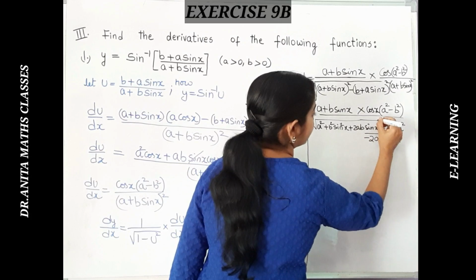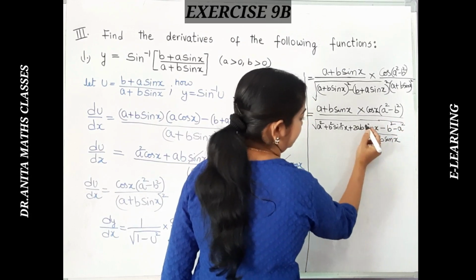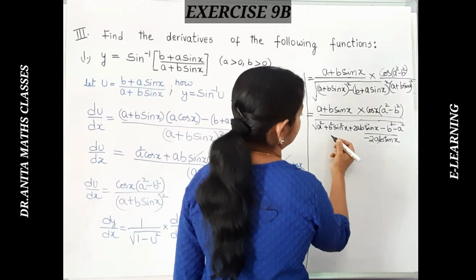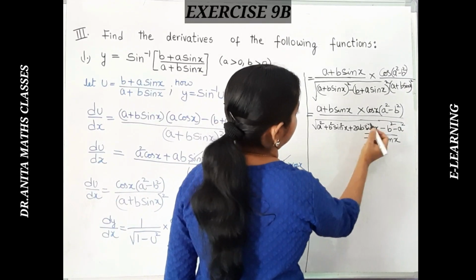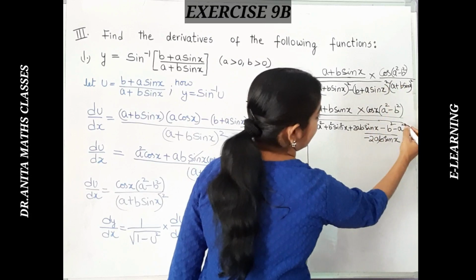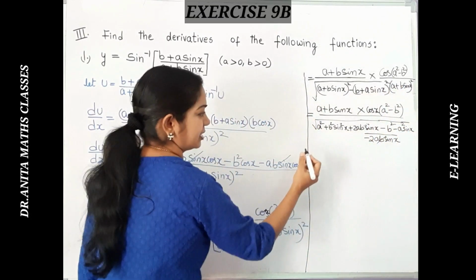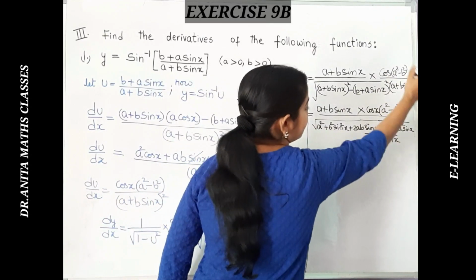So this is all under root. Okay, these two we can cancel it off, and also this becomes b square, a square sin x. Okay, a square sin x is there here. Now what else we can cancel? Nothing will be there, and still this part is there.